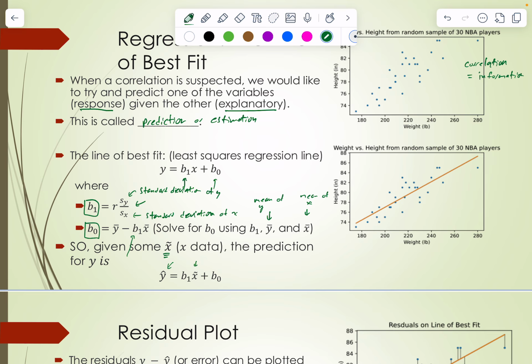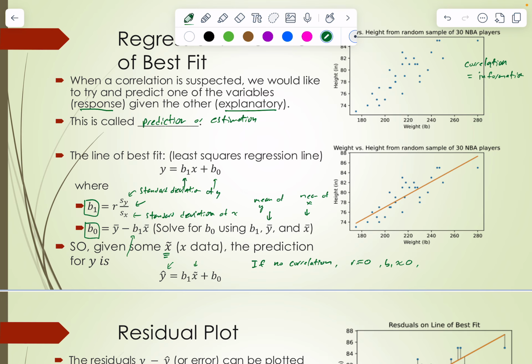Now notice what happens if there is no correlation. If no correlation, then r is going to be basically 0, which means that B1 is basically 0.